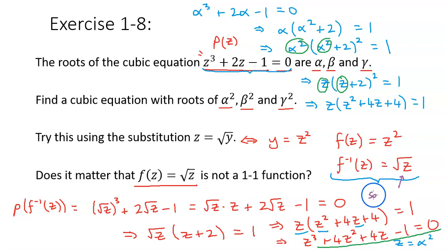It's something that squares to z. So in other words, square root of z equals a if a squared equals z.